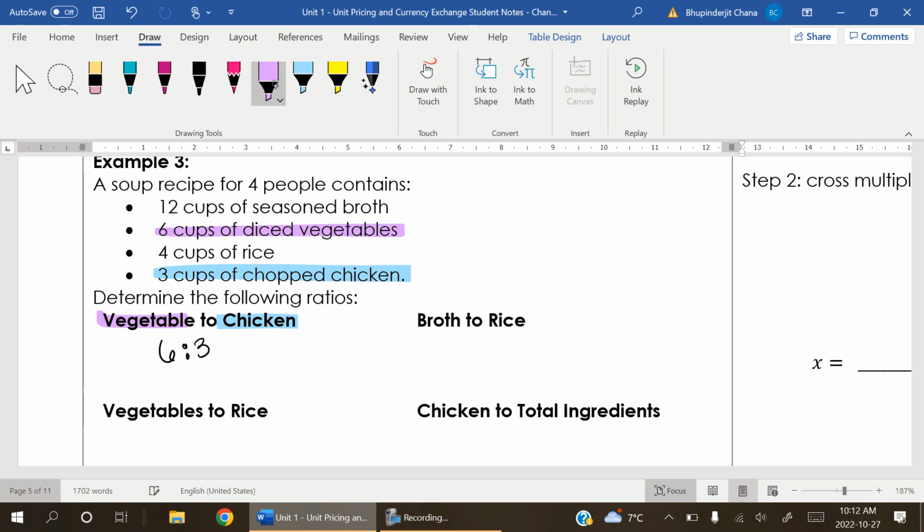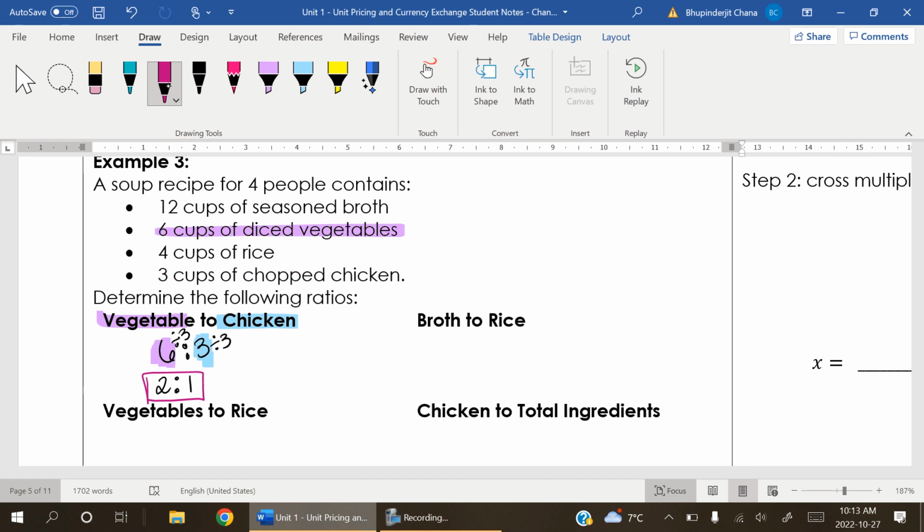That 6 is coming from what I highlighted in purple, and that 3 is coming from what I highlighted in blue. Now, both of these numbers can be divided by 3. This gives me 2 to 1. That's my final answer.